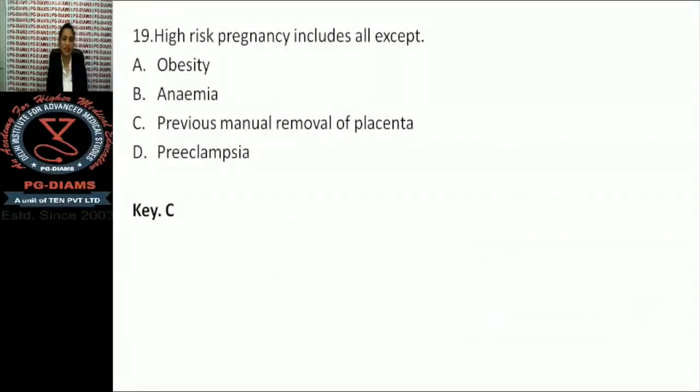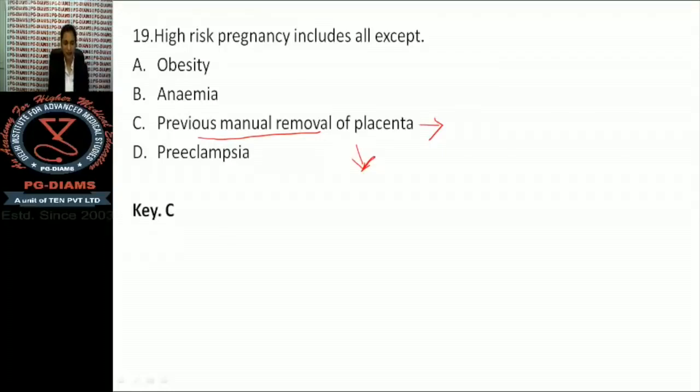While previous manual removal of placenta does not indicate that she is going to have manual removal of placenta again in this pregnancy, or any high risk, unless this manual removal of placenta was associated with infection or adhesions. Apart from that, only a history of previous manual removal of placenta is not high risk.